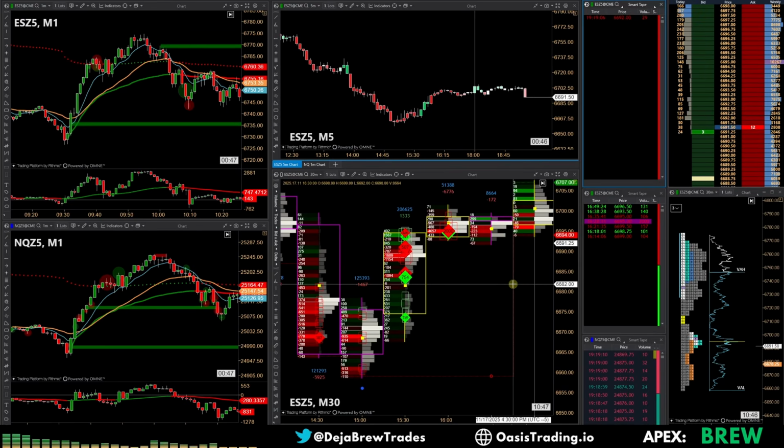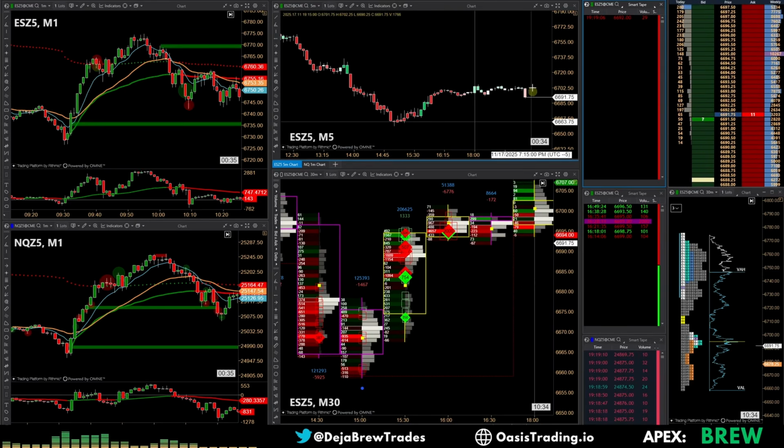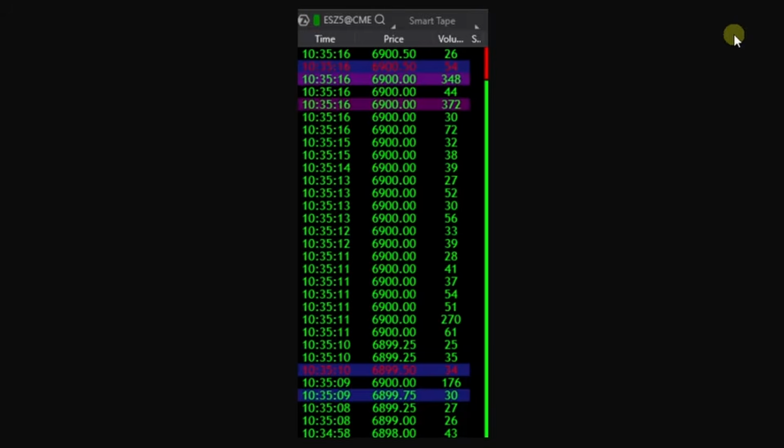Are the large traders following that direction? If we're very aggressively moving on the buy side, is our block trade tape also very aggressive to the buy side? Kind of like the example I showed earlier where the tape was very one-sided. Are the large traders very one-sided following that price action?